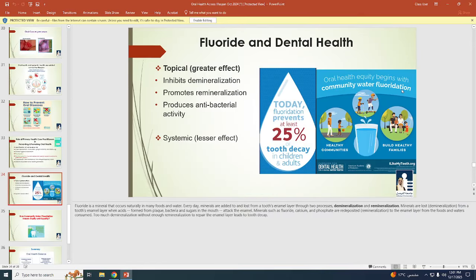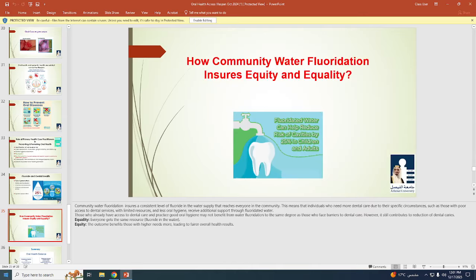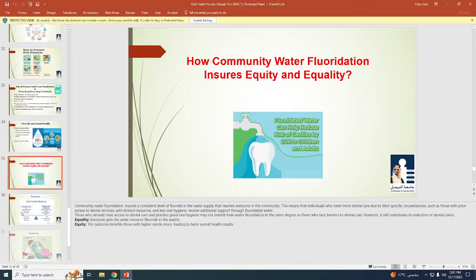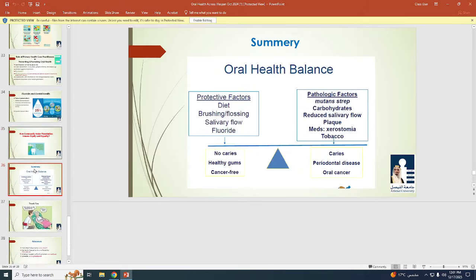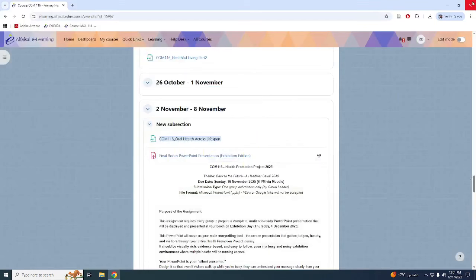Today, fluoridation prevents at least 25% of tooth decay, so the number here is important. This may be an SAQ, you never know: how does community water fluoridation ensure equity and equality? Those are the answers. That's it. I'm done.